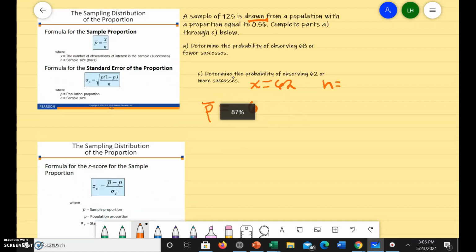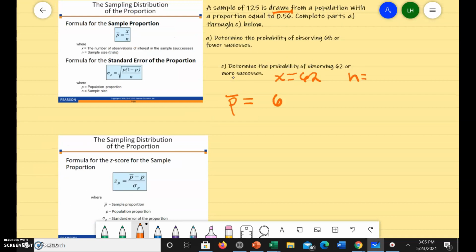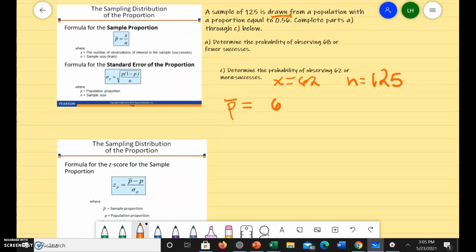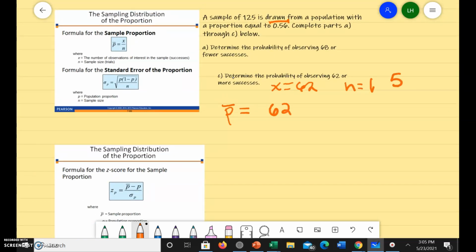Our sample was 125. So 62 divided by 125. So that would be 0.496. Now we need to calculate our standard error of our proportion.